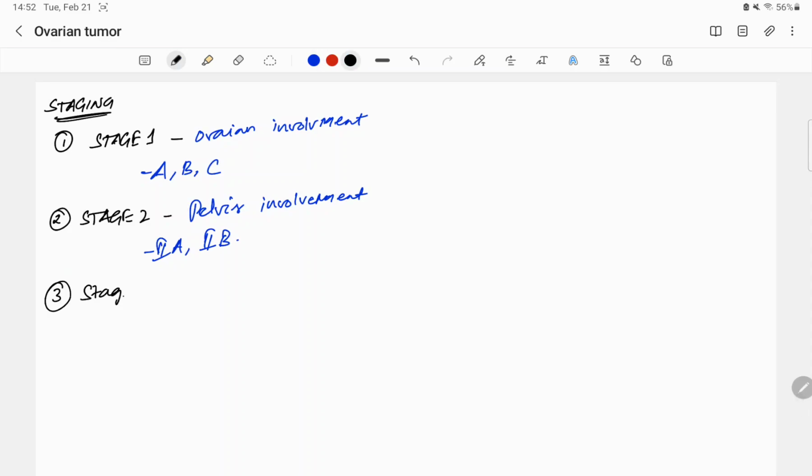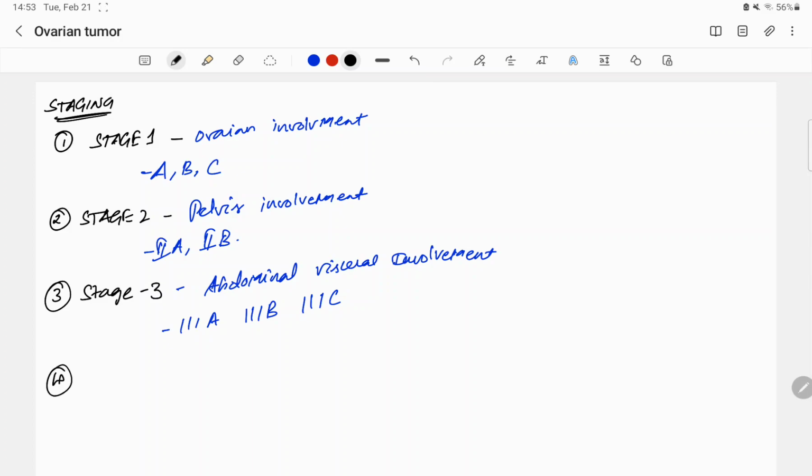And you have stage 3, where you also have abdominal and visceral involvement, and in this you have stage 3A, 3B and 3C. And finally you have stage 4, where you have malignant pleural effusion. So here you have stage 4A as well as stage 4B.